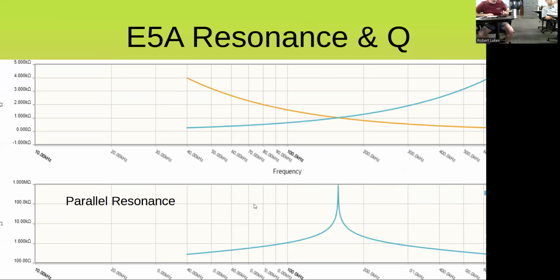The difference is, in the parallel, it's going to appear as a 0 resistance or impedance at low frequency and at high frequency. And it's going to appear as an infinite at the resonant frequency. So that's really the difference. In series, it starts off high and goes to 0. In parallel, it starts off low and goes high.